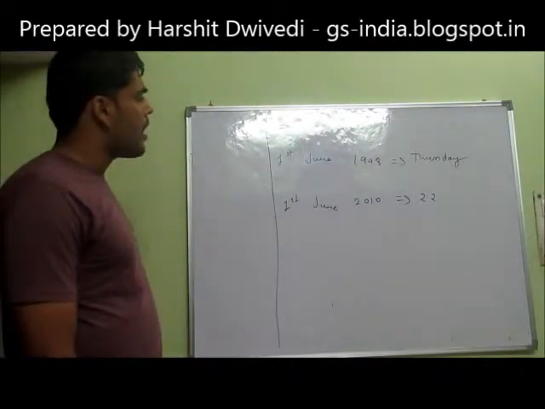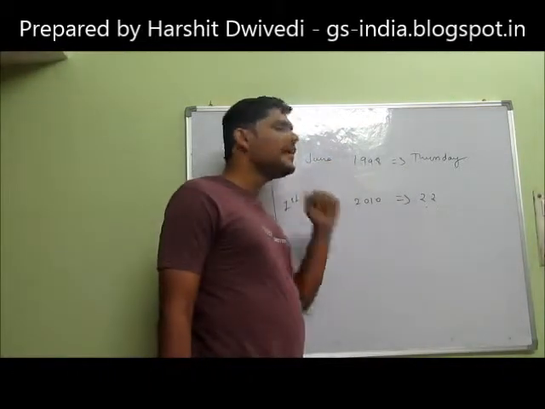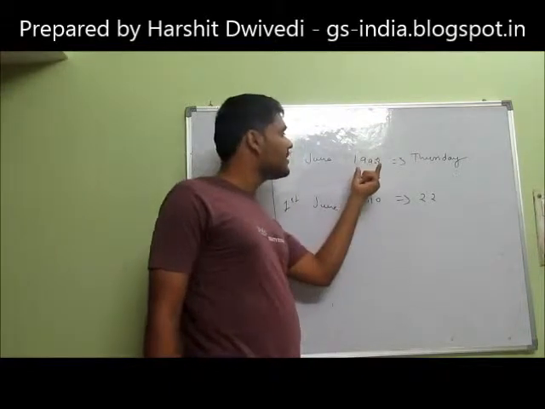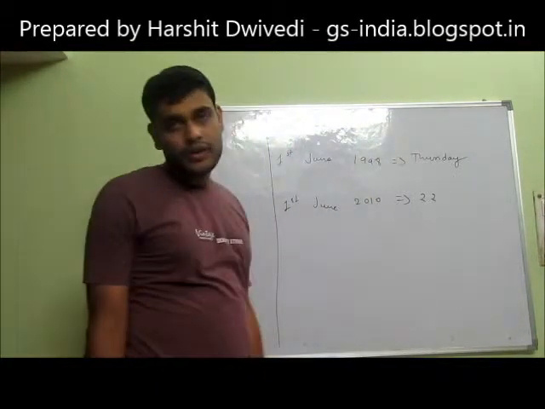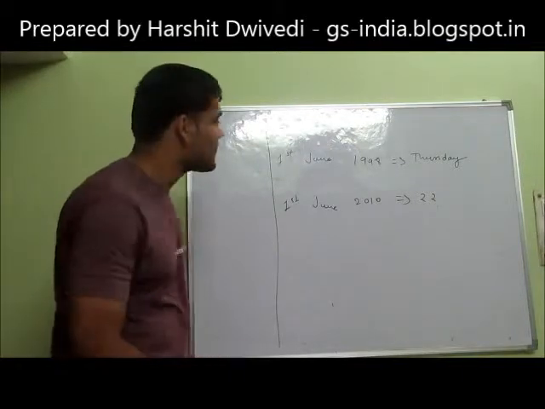Now, is this 1998 a leap year? No. Is the next year, 1999, a leap year? No. A leap year should be divisible by 4, the very first condition.